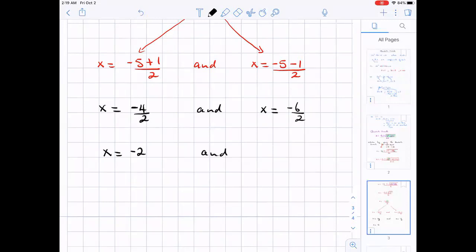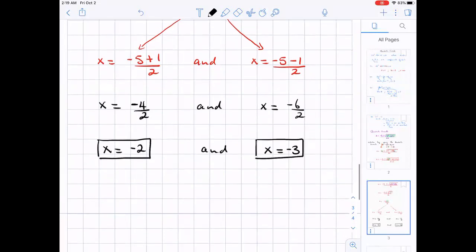And minus 6 over 2, we have x is equal to minus 3. So the solutions to this quadratic are x equals minus 2 and x equals minus 3. If we substitute x as minus 2, the left side will be 0. In addition, if we substitute minus 3, we'll get 0.